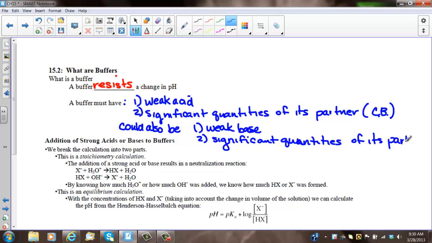So in this case, the conjugate acid, CA. For example, I might have NH3, which is a weak base, and I would have NH4 plus, which is its conjugate pair, also weak.